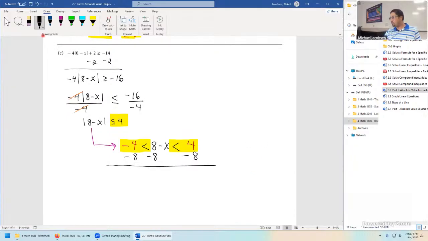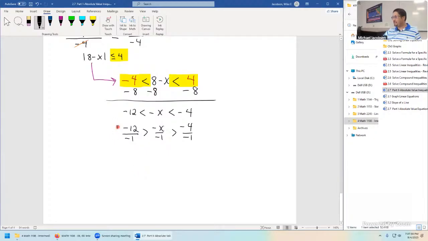When we tally this up, we're going to get -12 less than -x less than -4. Next key step, we're going to divide all sides by -1. Let me rewrite it for the sake of clarity on that step. Divide by -1 here, here, and here. So now all signs change their directionality to greater thans.